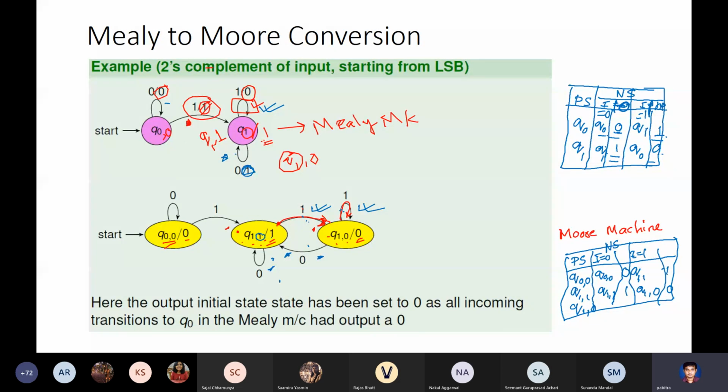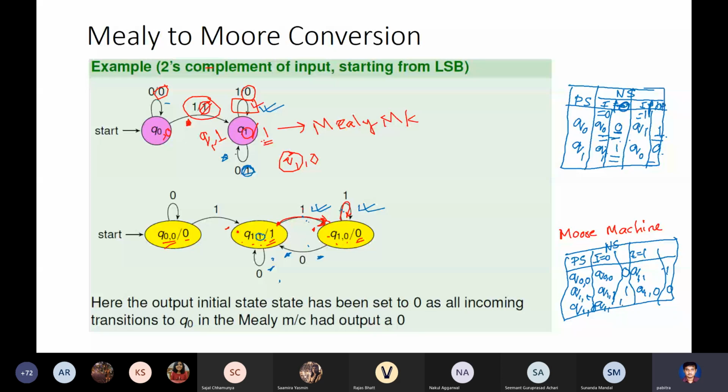So let's see whether that property is maintained here. I am in Q11 and receive an input of 0, I am in Q11 and produce an output of 1. I am in Q10 and I receive an input of 1, I am in Q10 and produce an output of 0.